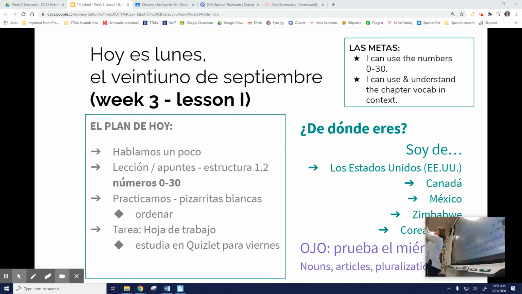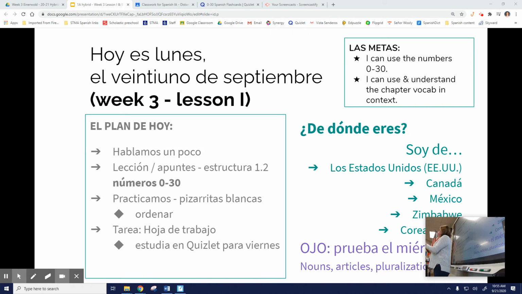Muy bien. Escriban, por favor, el número 20. Super. Y la próxima es el número 17.